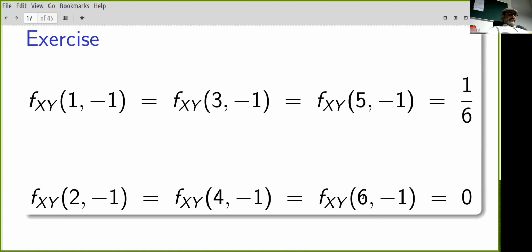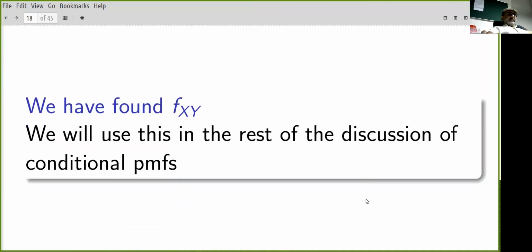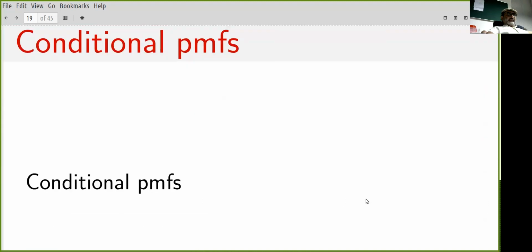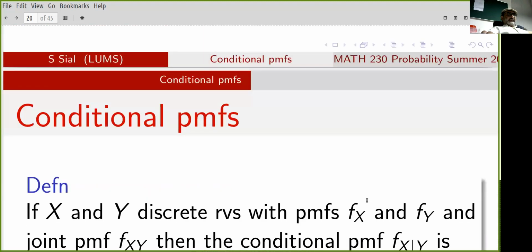And the joint PMF values for X equals 2 and Y equals -1, or X equals 4 and Y equals -1, or X equals 6 and Y equals -1, are 0. So we found f sub xy for all cases, and we're going to use this a little bit later.